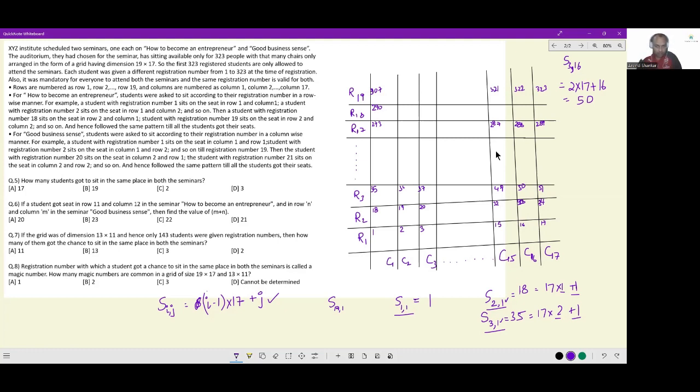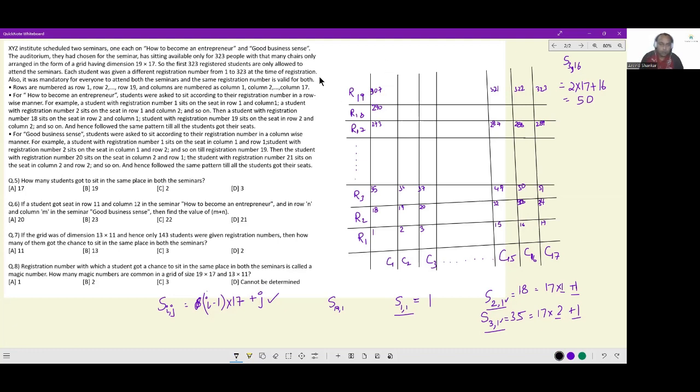If you give me a seat number according to row and column, I can give you the registration number. Also, if you give me the registration number, I can give you the row and column. So my ability is far-reaching when it comes to this particular seminar, and this was how to be an entrepreneur.